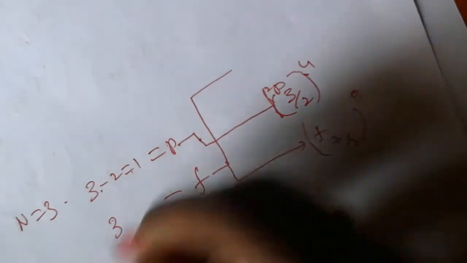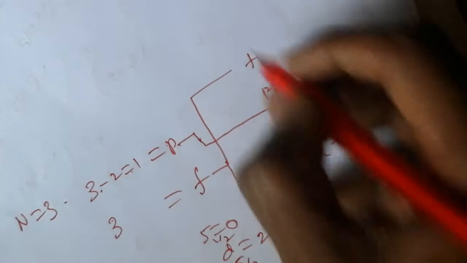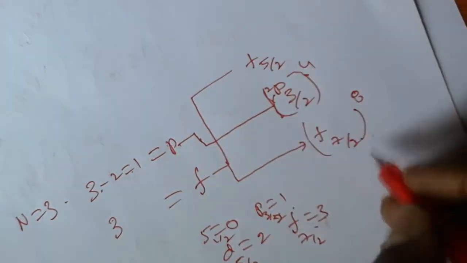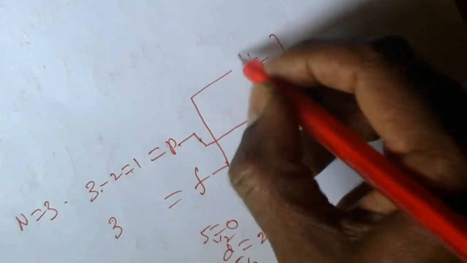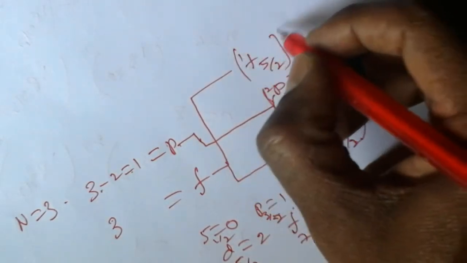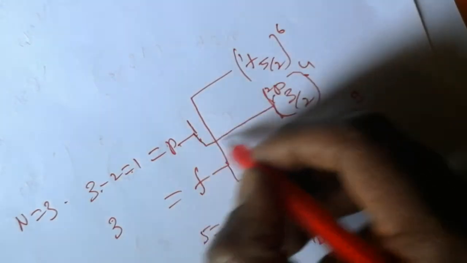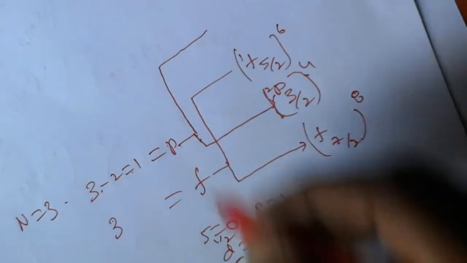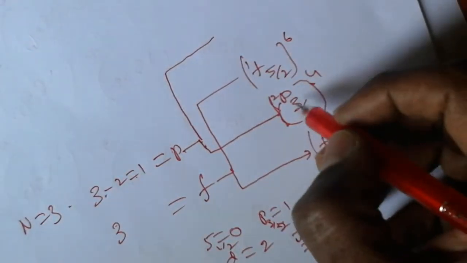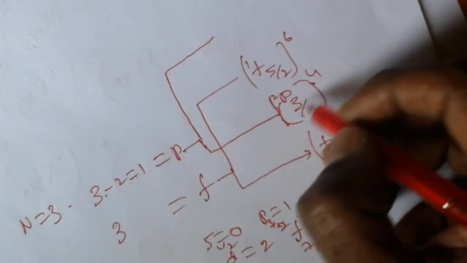Again f 5 by 2, 7 by 2 minus 1, 5 by 2, so power 6. This is p, another term: p is 3 by 2 whole power 5.